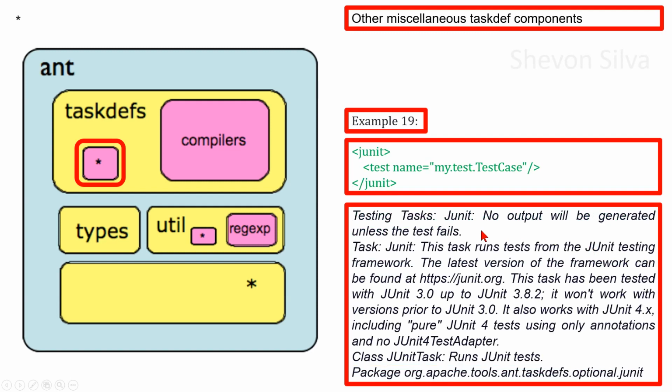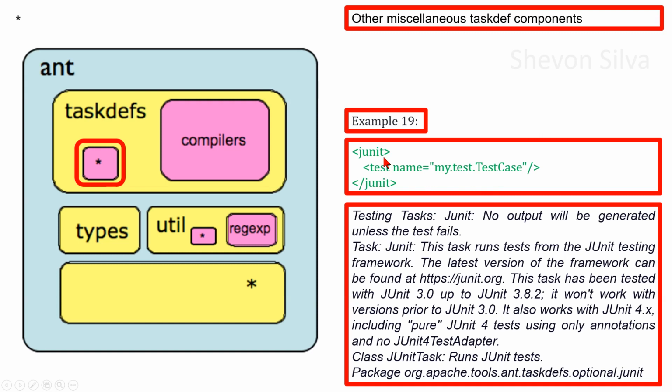Now we are considering JUnit in testing tasks. Here no output will be generated unless test fails. The task JUnit, this task runs test from JUnit testing frameworks. The latest version of the framework can be found at https://junit.org.